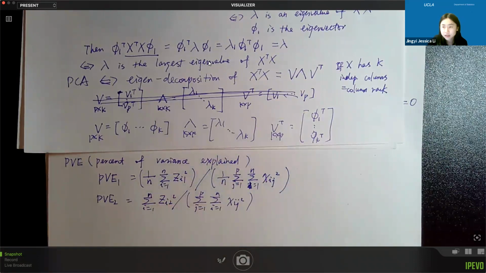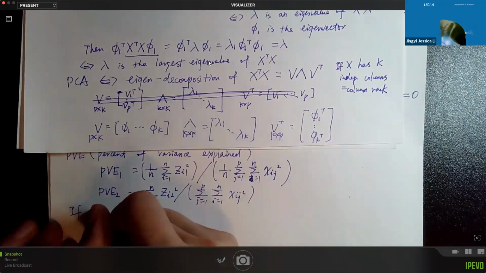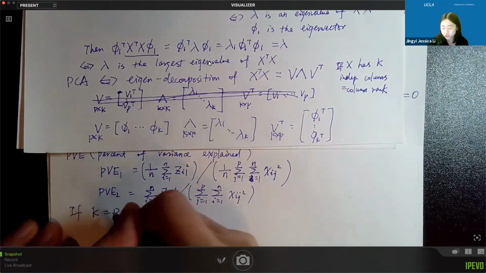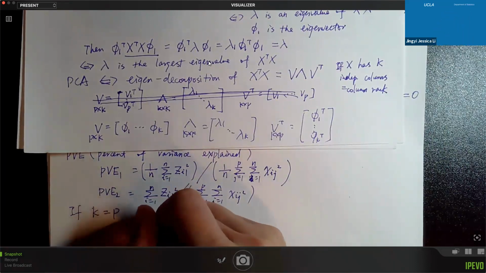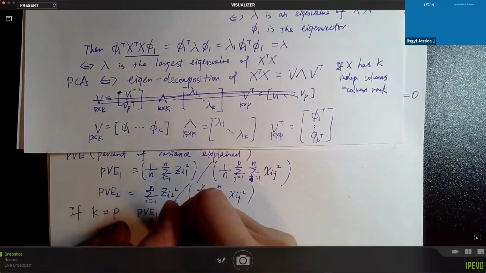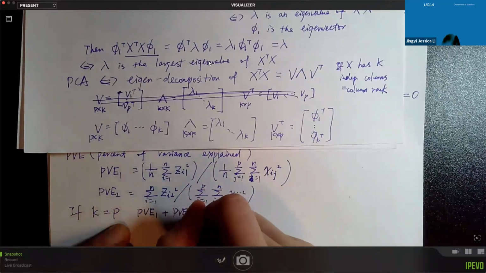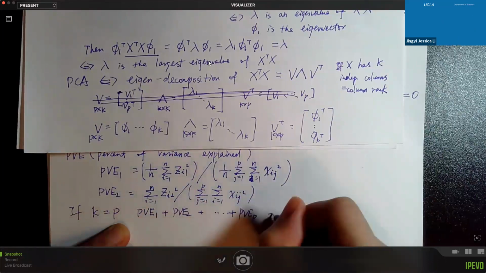So if you let k equals p, which means you don't do any dimension reduction, then you can fully capture the original variance. So you have PVE1 plus PVE2 plus up to PVEp equals 1.